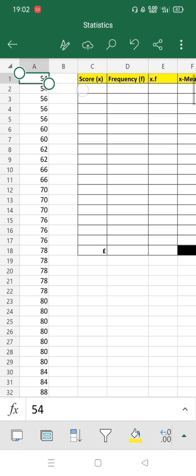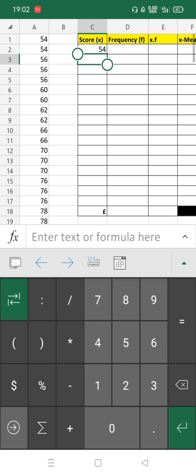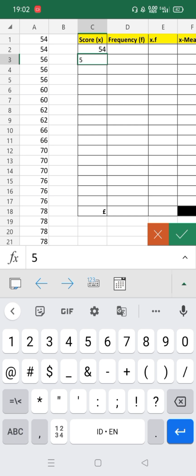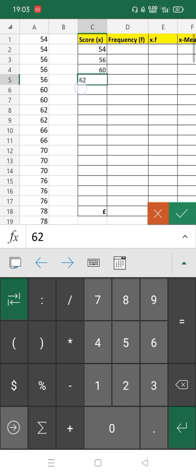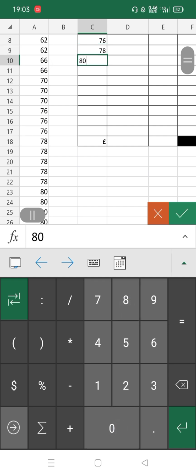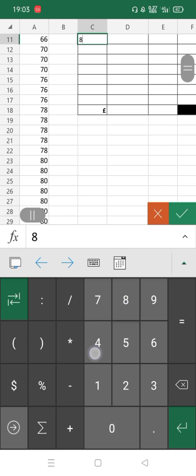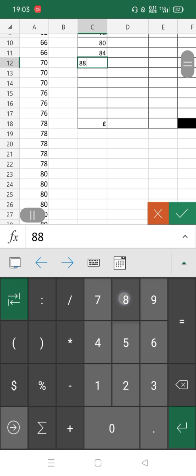First we have 54, and next we have 56, and next we have 60, and the next we have 62, and next we have 66, 70, 76, 78, 80, 84. What's next? 88 and 90.